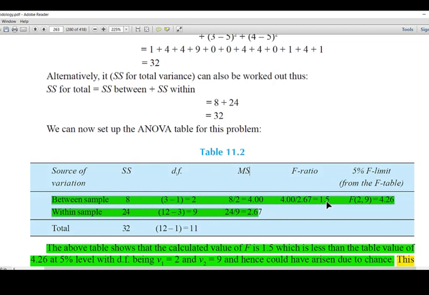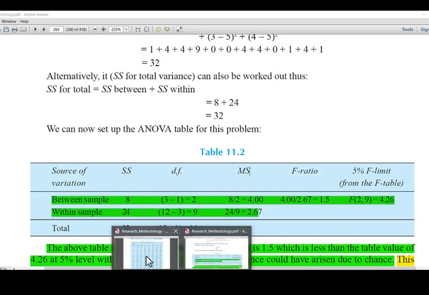Now this calculated value of 1.5 is compared with the F value at 5% level of significance from the table corresponding to 2 and 9. That means 2 degrees of freedom and 9 degrees of freedom. We take this as V1 and this as V2. Let us see the F table.